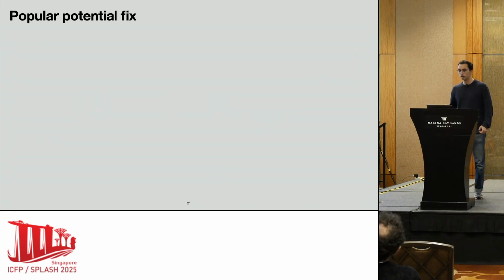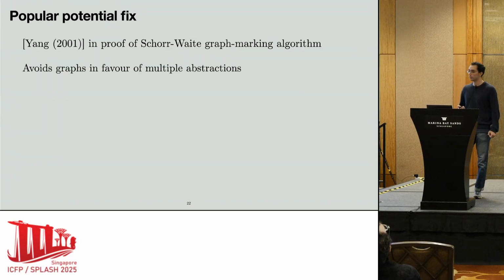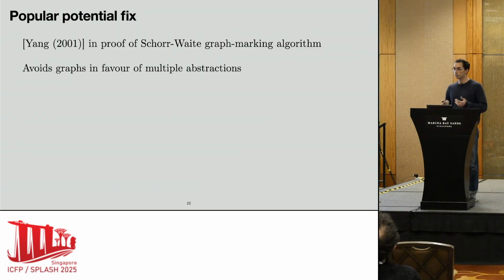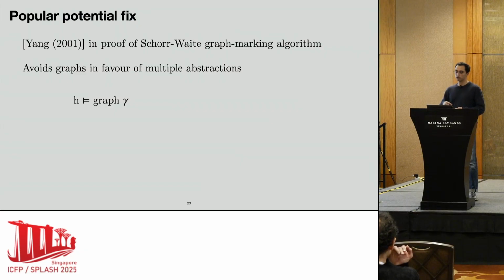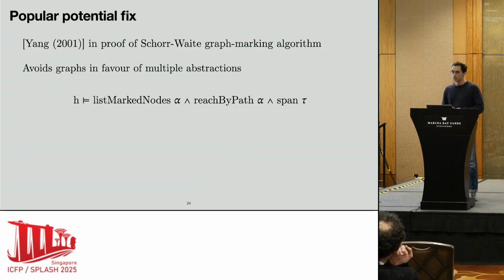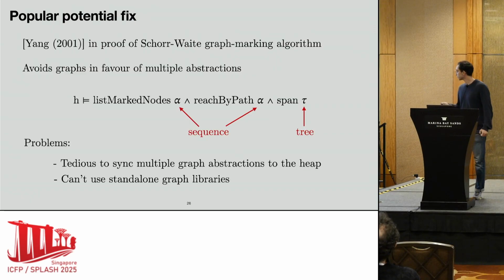A popular potential fix was proposed in an early work of separation logic in 2001 by Yang, where in a seminal proof of the Schorr-Waite graph marking algorithm, he avoids graphs altogether. And he does this by, instead of relating the heap to the mathematical graph gamma, relating it to multiple graph abstractions that approximate the structure and that are parameterized by structures that do actually decompose, such as sequences and trees.